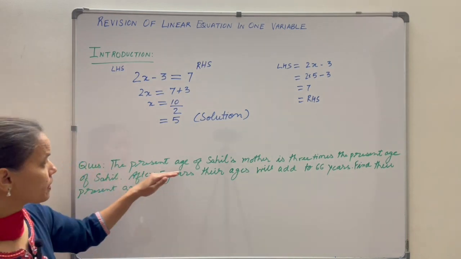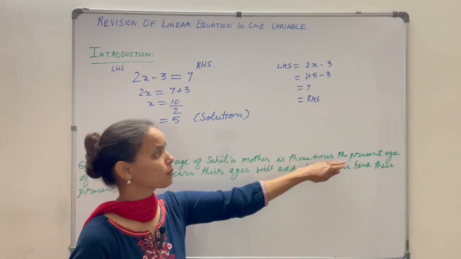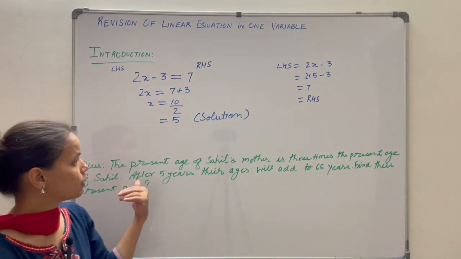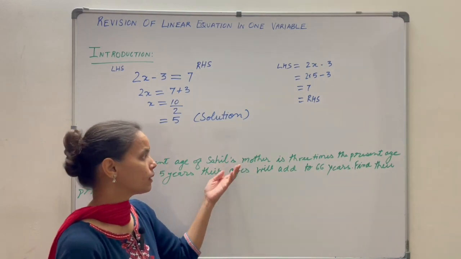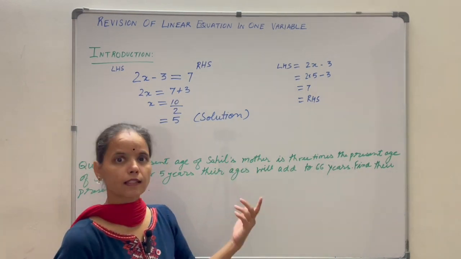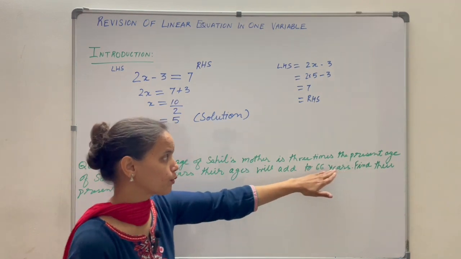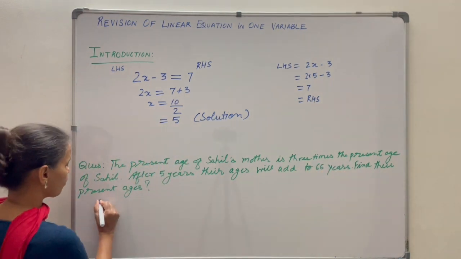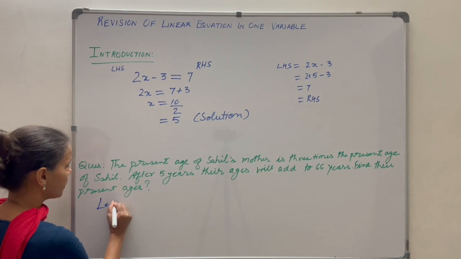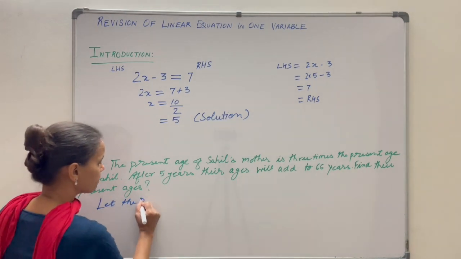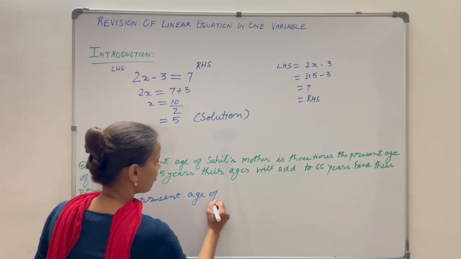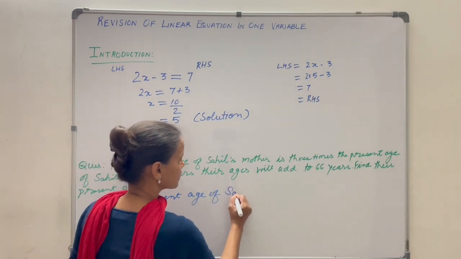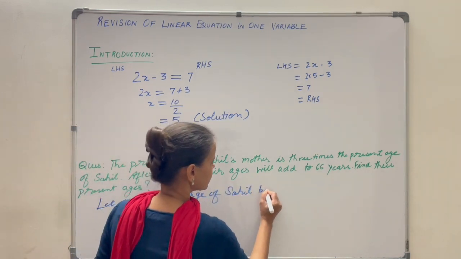So you can assume either the mother's age to be x or Sahil's age to be x. Since it says the present age of Sahil's mother is 3 times the present age of Sahil, you can take the present age of Sahil to be x. Even you can take mother's age to be x. Anything you can take, but it will be easy to take the present age of Sahil as x. So let the present age of Sahil be x.